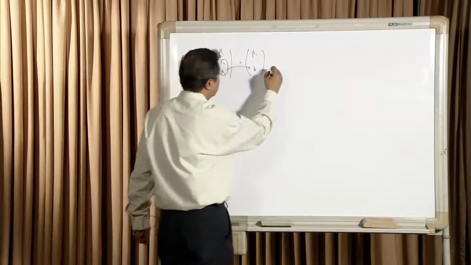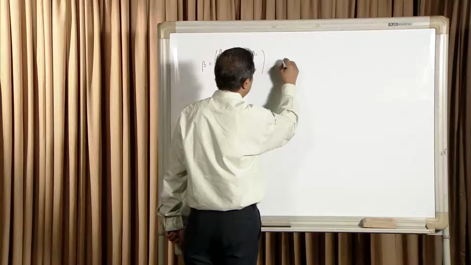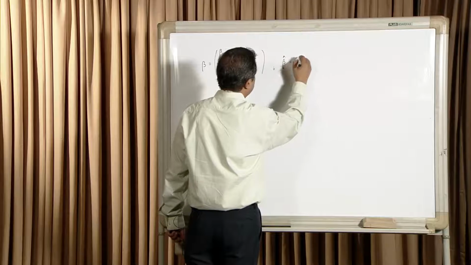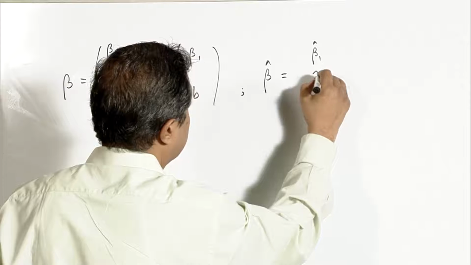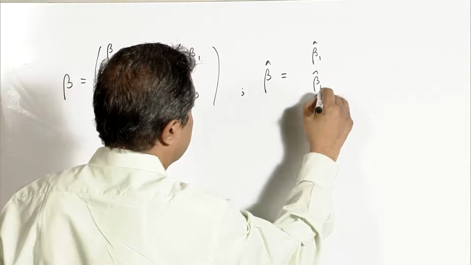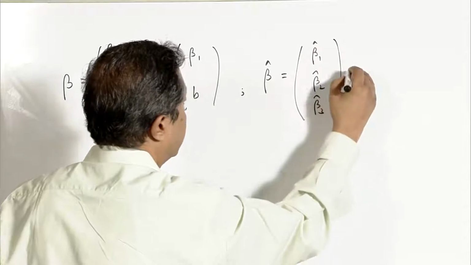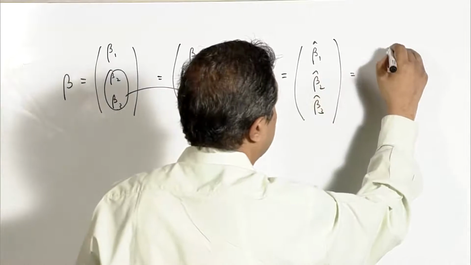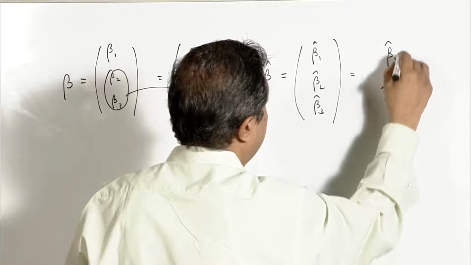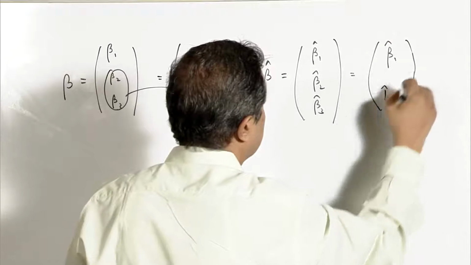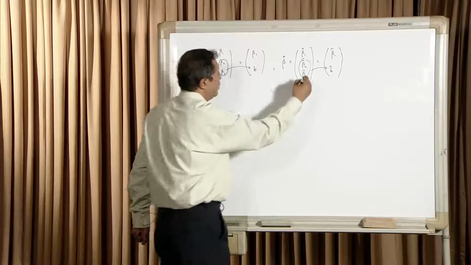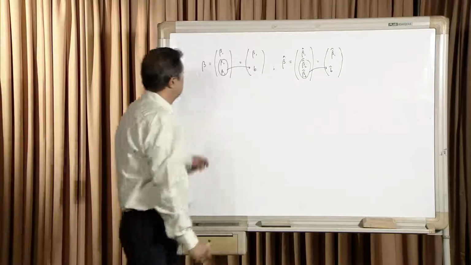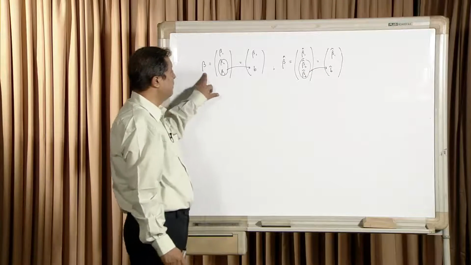Similarly, for the estimates, we have beta hat equal to beta 1 hat, beta 2 hat and beta 3 hat, which is also written as beta 1 hat and b hat. That is the way we denote the estimates and the original parameters.